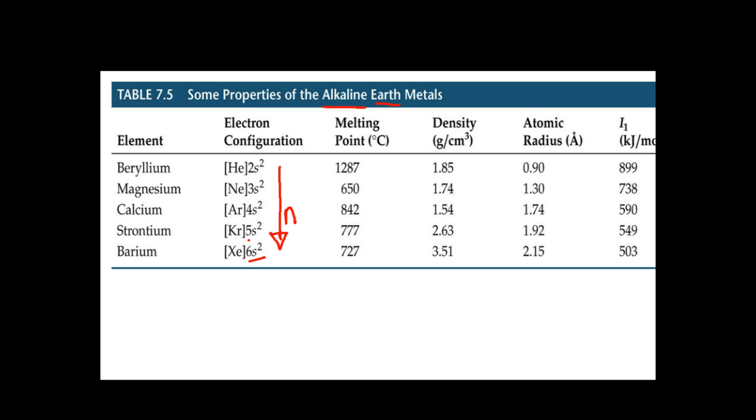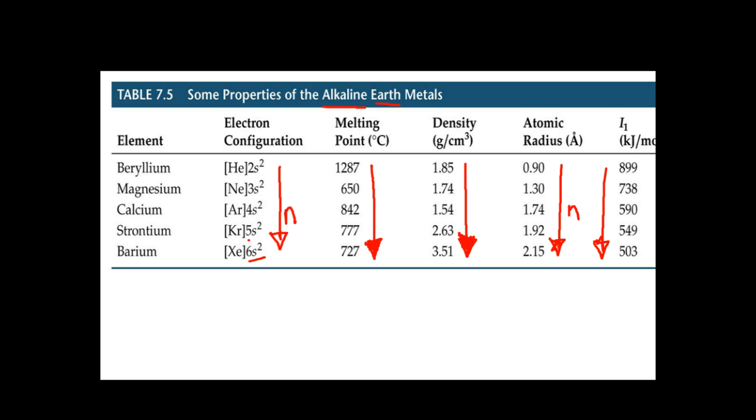Our melting point is decreasing as we go down the group. That's the temperature at which these guys melt. Our density is actually increasing as we go down, which makes sense because you have increasing mass. Atomic radius, as we know, is increasing because atomic radius increases with principal quantum number n, and ionization energy is going to decrease as we go down.